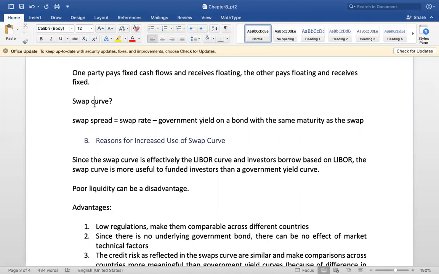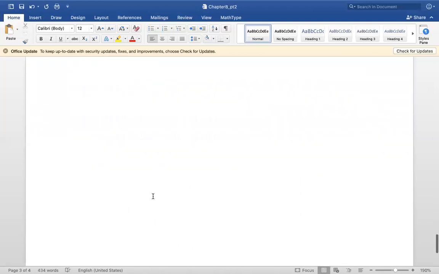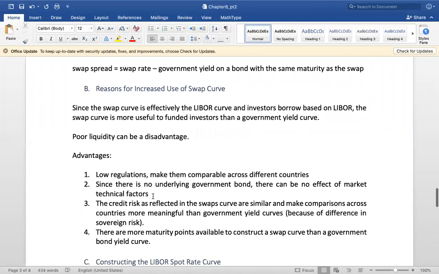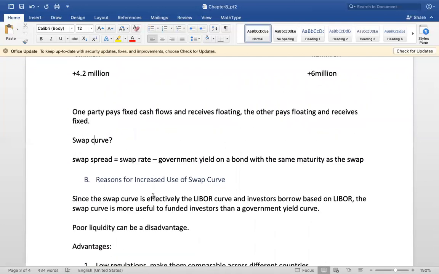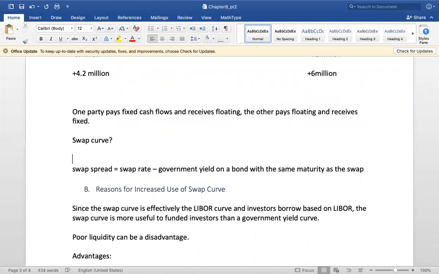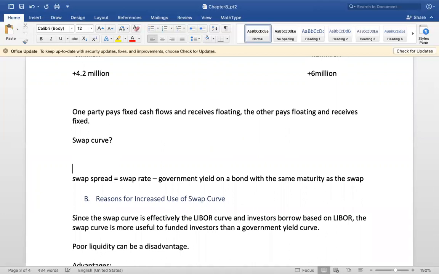Suppose that the swap rates for the maturities quoted in the swap market are shown below. Let me show you a curve, which is a swap curve.